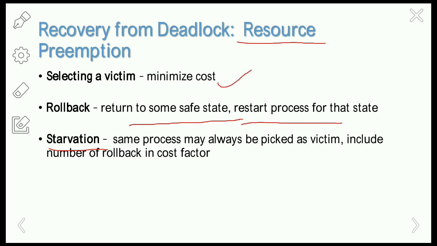If you select a particular process or resource and terminate it a number of times, then the process will starve. So the most common solution is to include the number of rollbacks in the cost factor.